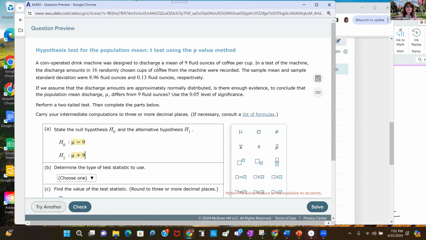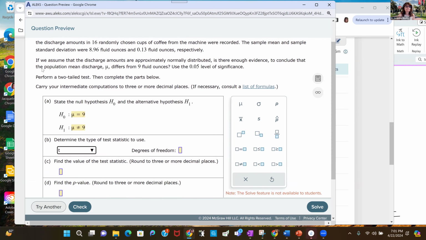We have a very small sample size of 16. We have a normal distribution, and we are not given a population standard deviation. So this is going to be a t-test. Okay.